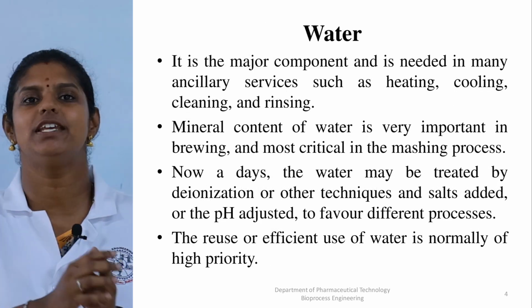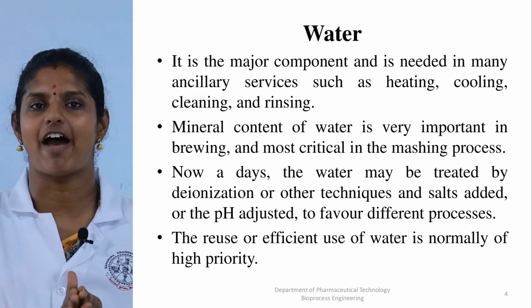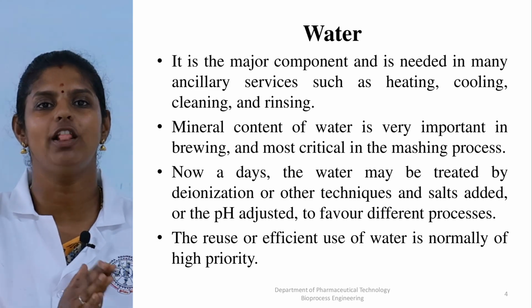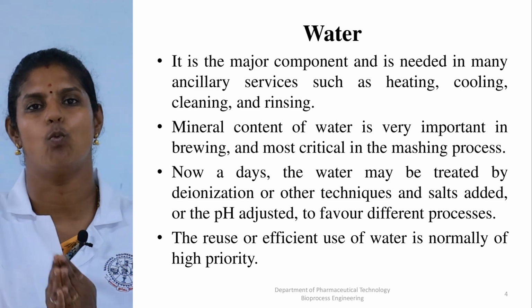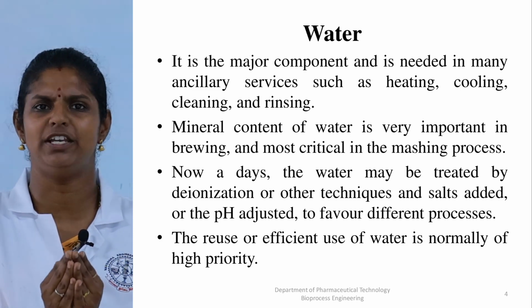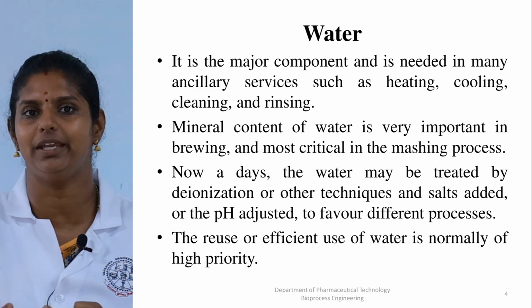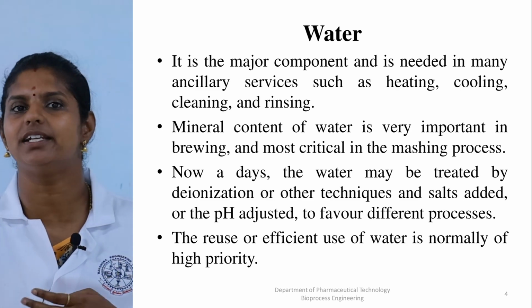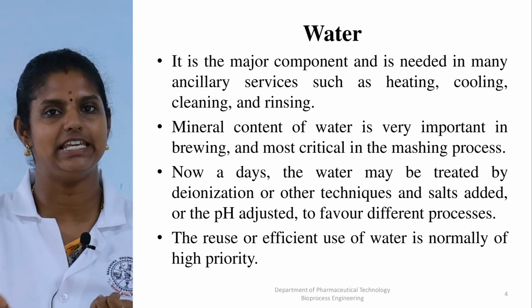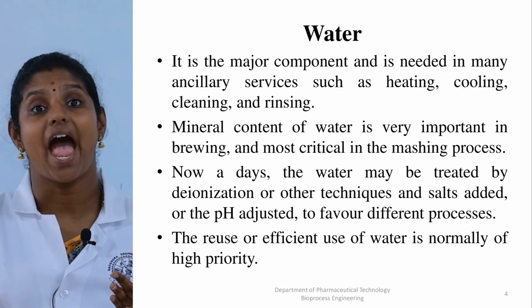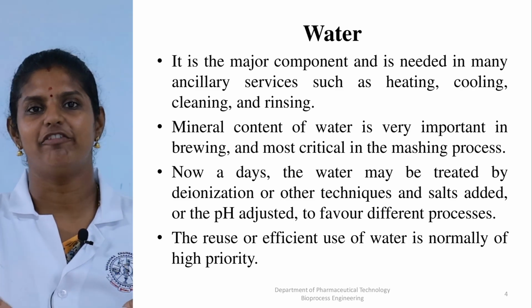Now we are going to see the main important factors used in all industrial fermentation, which is water. Here the water is required not only during the production of the media, it is also required in certain accessory services like heating, cooling, cleaning and rinsing the biofermenter.